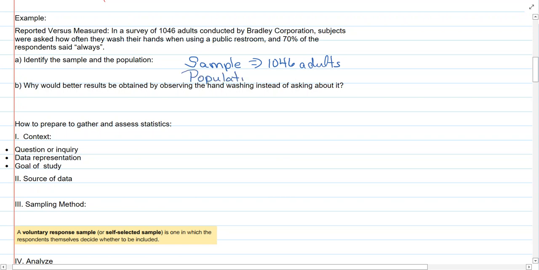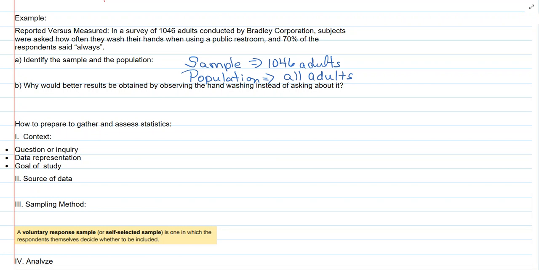Well, the population must be what's not spoken of, all adults who wash their hands after using public restrooms. So that gives you an idea of the simplicity that's so important.